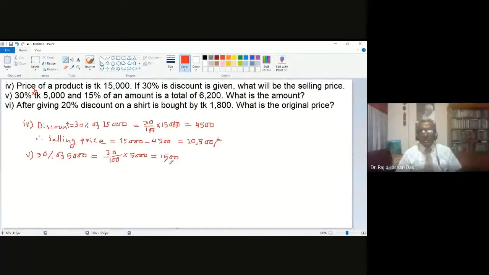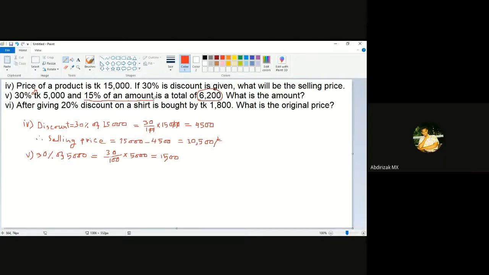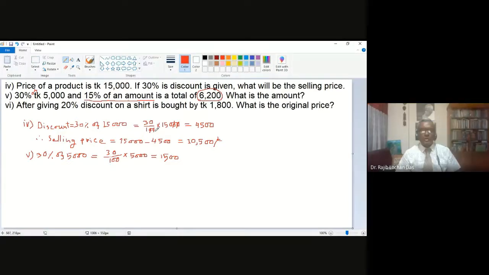6,200. It is only a part of 6,200, because it is written in the question that together it will be 6,200, and 1,500 will be added to something. We do not know what that something is. So this amount will be added to 1,500, and then it will be 6,200.